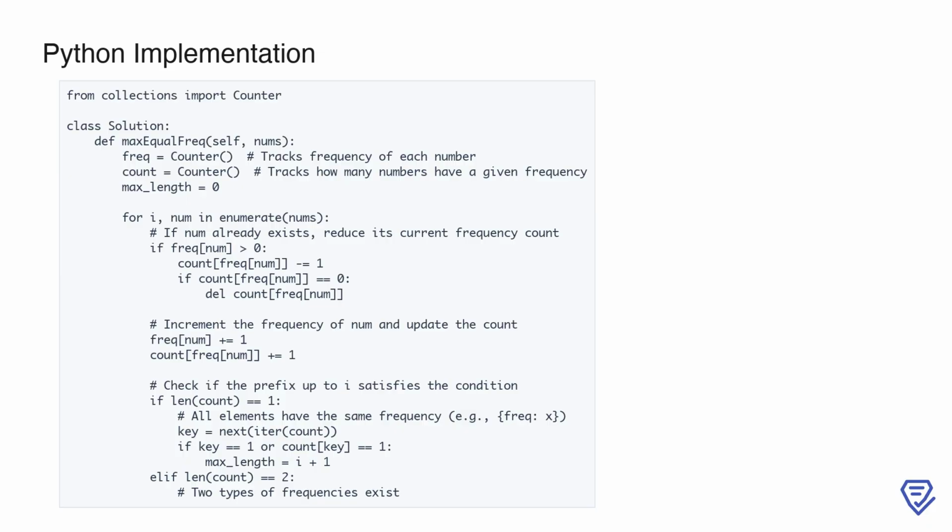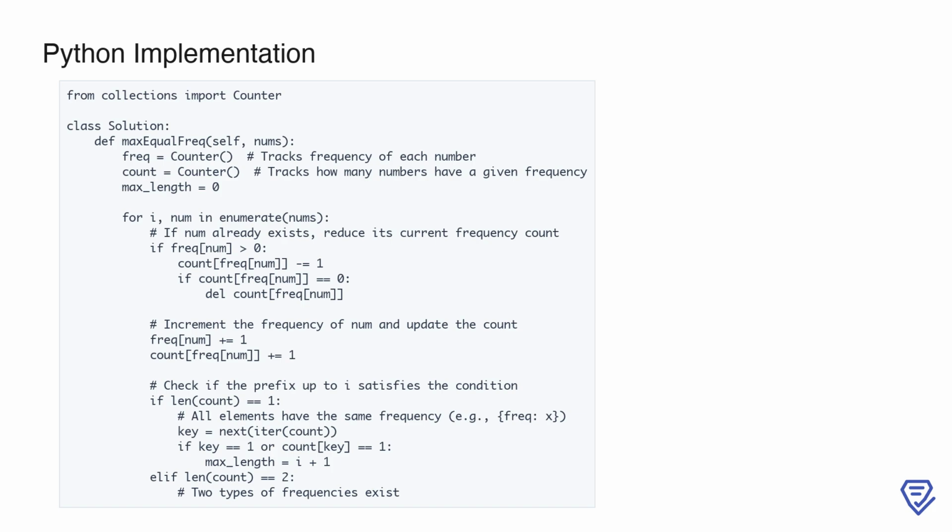The for loop iterates through nums, using both the index i and the value number. For each number, if it already exists in the frequency counter, we reduce the count of its current frequency in the count counter. If this adjustment causes the count of that frequency to drop to 0, we remove it from count to keep the data clean. Next, we increase the frequency of number in frequency and update count to reflect this change.